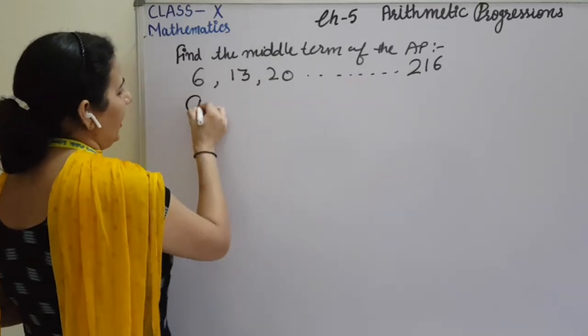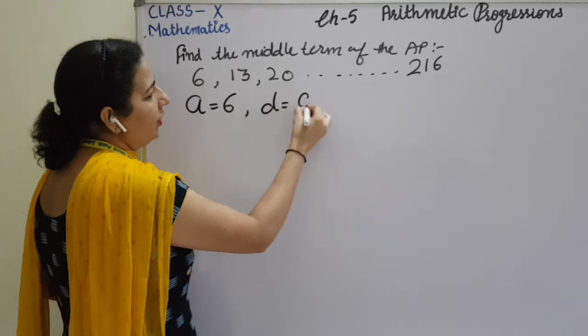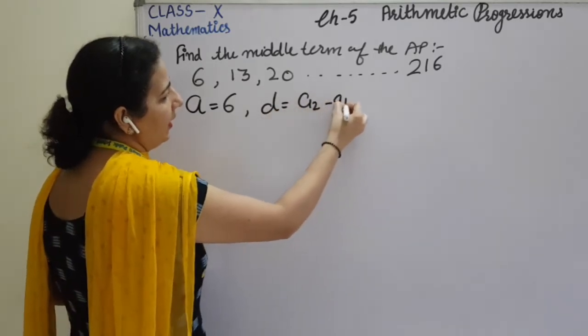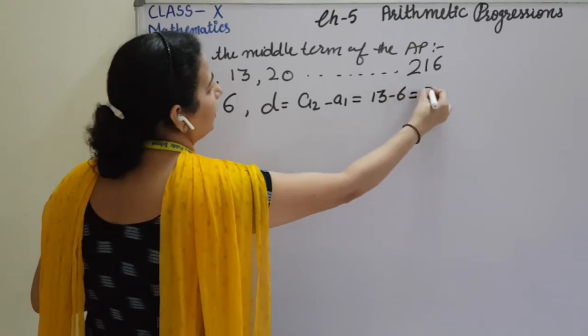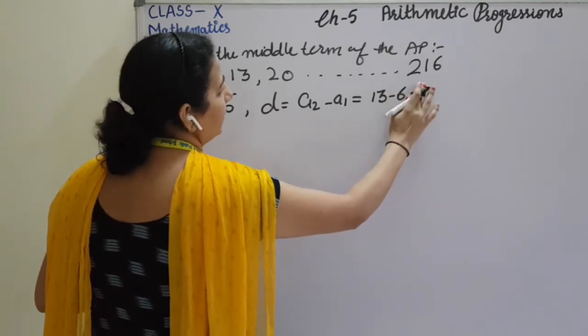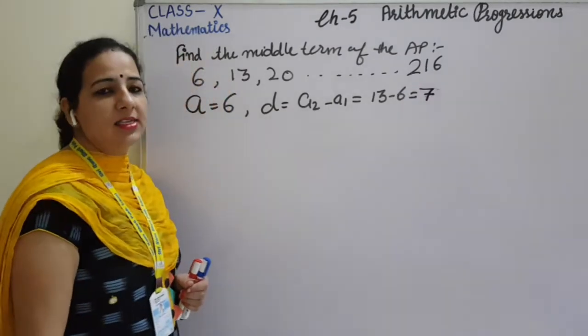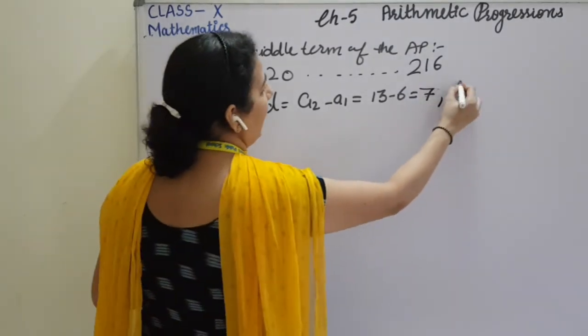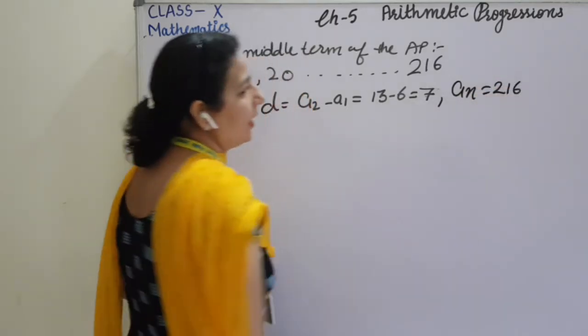So now here a is equal to 6 and d is equal to a2 minus a1, that is 13 minus 6 is equal to 7. And an, the last term, is equal to 216.